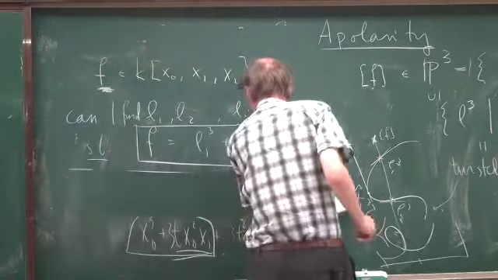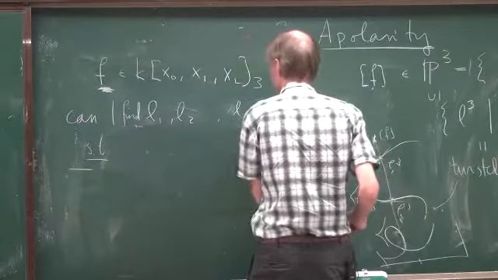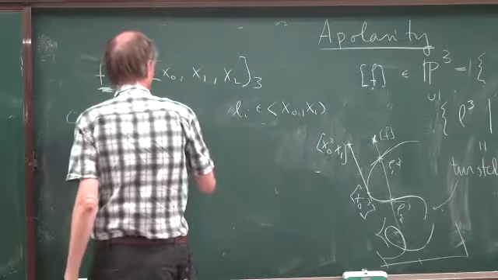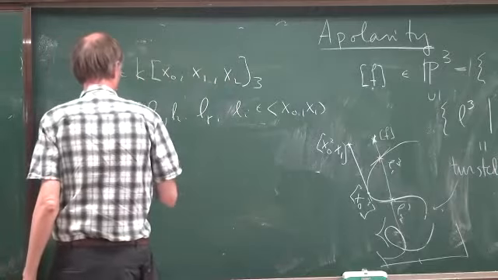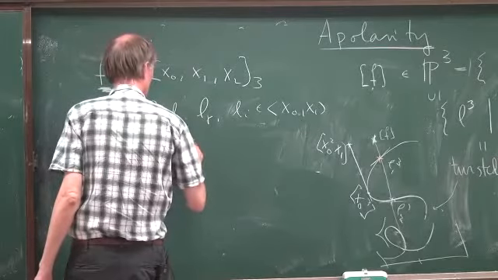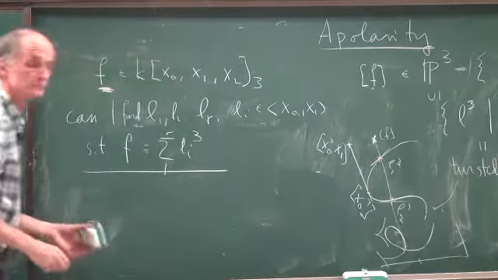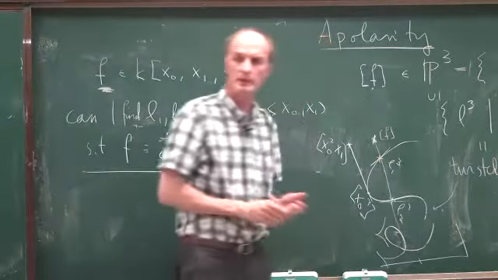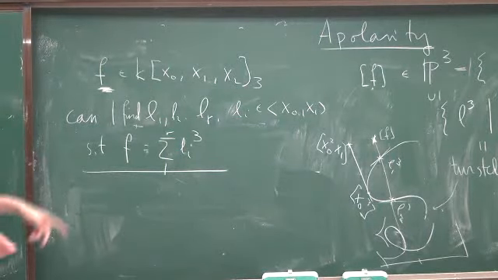So I take L1, L2 up to Lr such that F is the sum from 1 through r of Li cubed. That's what I'm looking for. Okay? So what would it mean if I interpret it in the same way in this case?